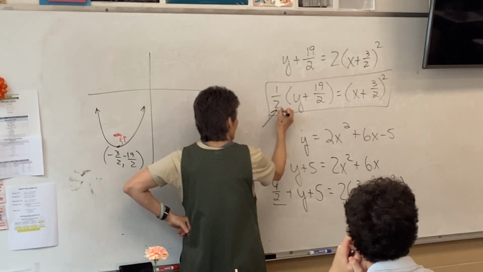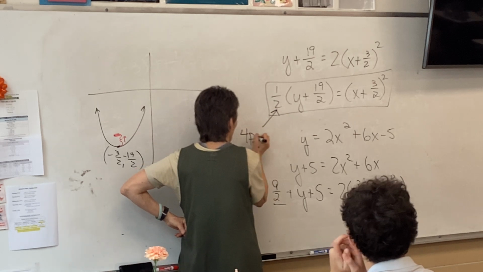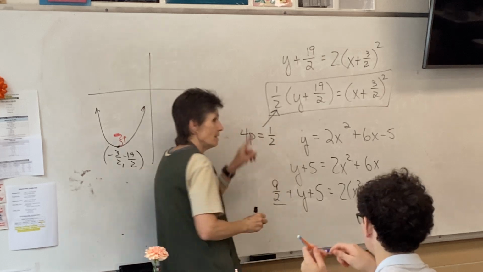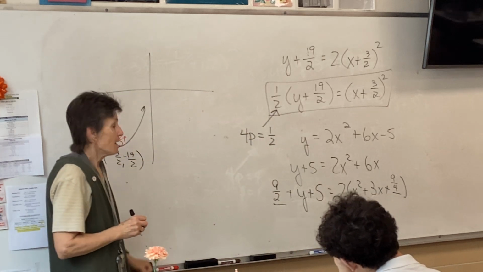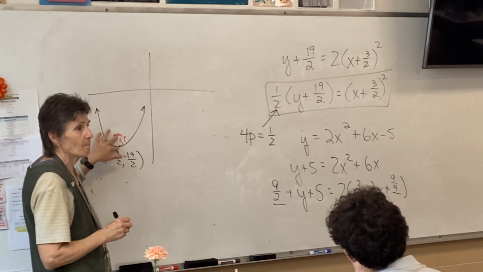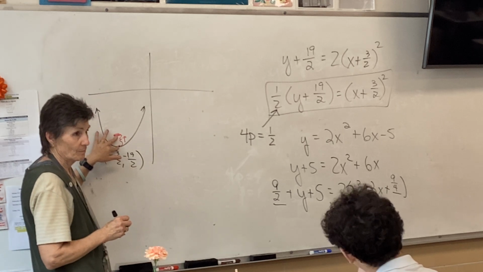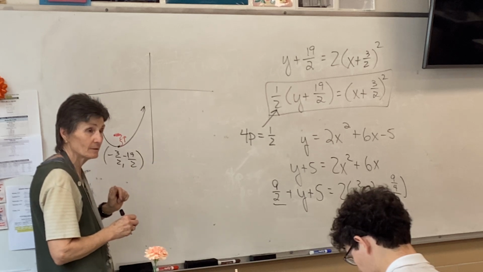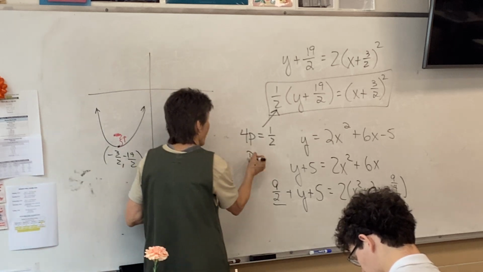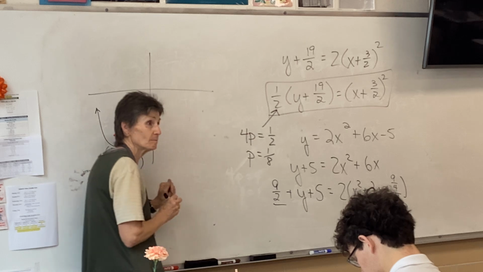And this number right here is always 4p. The number in the equation is 4p. The number I go up is p. So if 4p is a half, I'm going to go up an eighth.